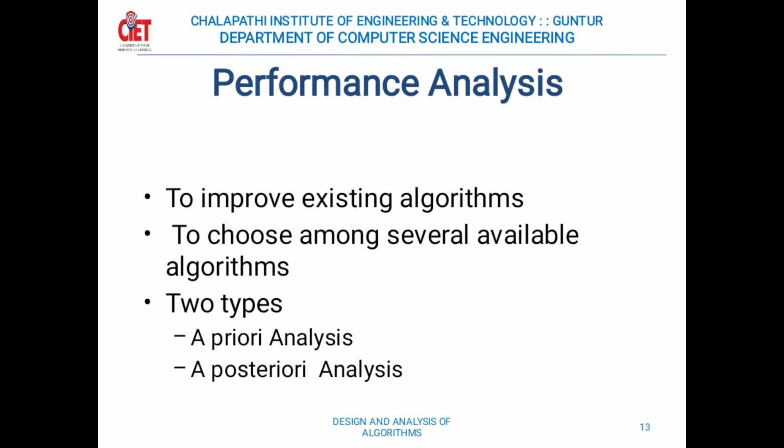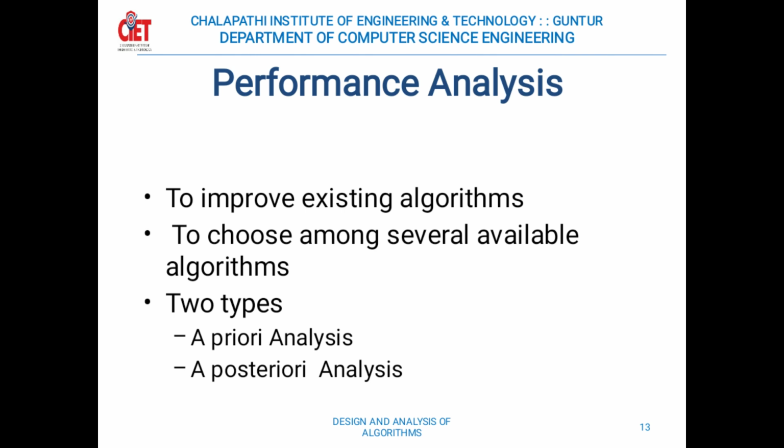So next, performance analysis. Algorithm performance analysis mainly divides into two types. One is prior analysis and the second one is post analysis. Prior analysis, as the name implies, means the performance is analyzed before it is implemented in any programming language.